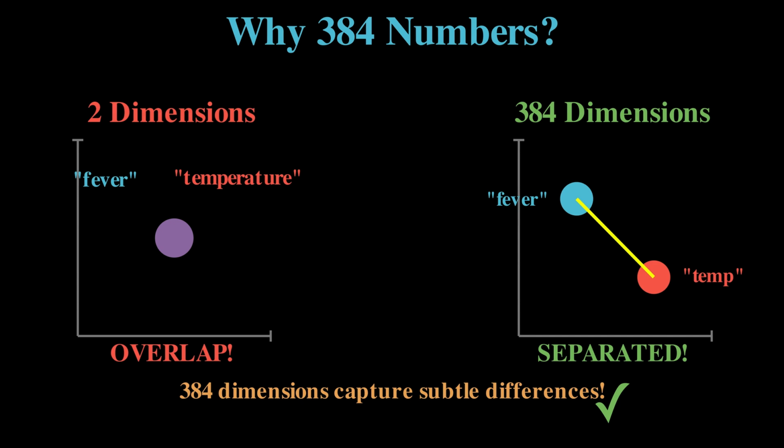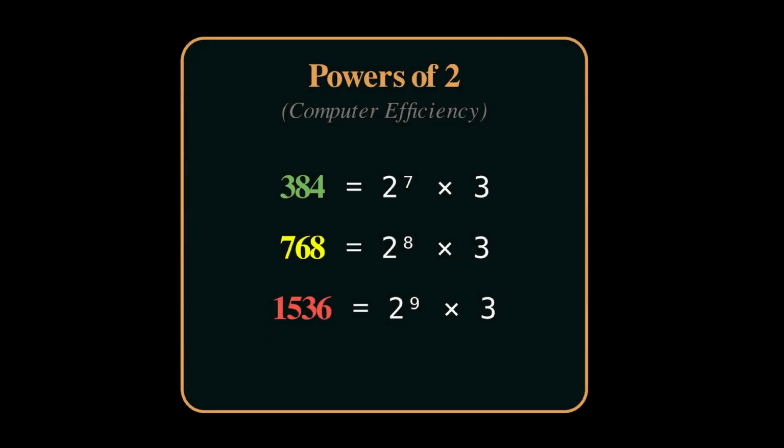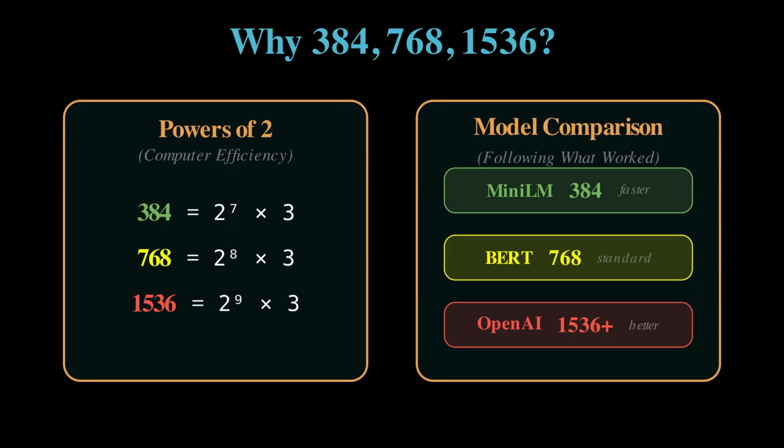But still, the question: why 384? The answer is computers work most efficiently with numbers that are powers of 2 or multiples of powers of 2. 384 is a multiple of 128, which is 2 to the power 7. This makes the calculation faster and more efficient for the computer's hardware. Different models select different dimensions based on this principle.